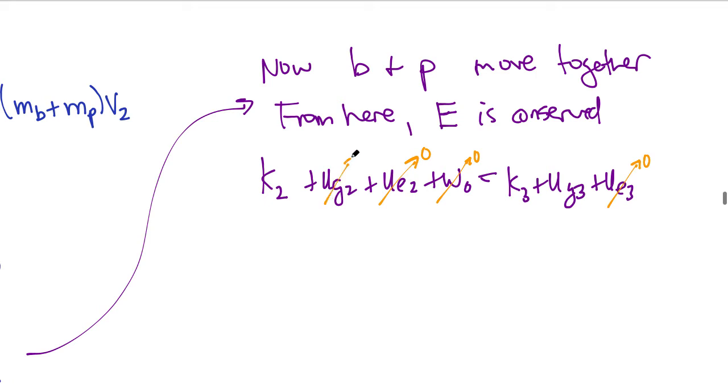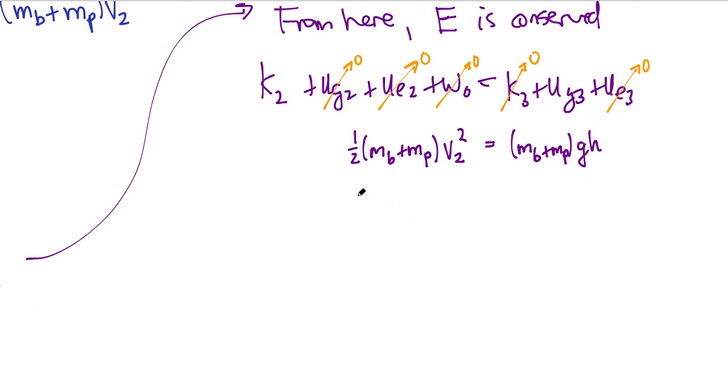Initially, my block is at the lowest possible height, and finally, I have no kinetic energy once I reach my maximum altitude. So I have K2, which is 1/2 times the mass of the bullet plus the mass of the pendulum, times v2 squared, equal to UG3, which is the mass of the bullet plus the mass of the pendulum times g times h. We're looking for h in this case.